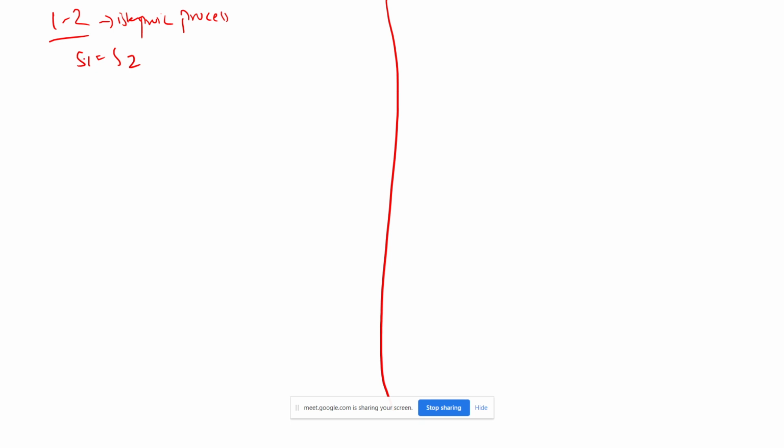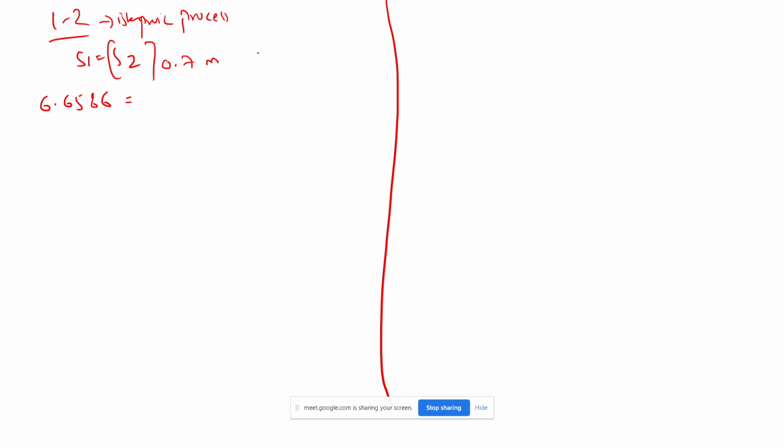Okay, hello. Yes, sir. So at 1 it is already mentioned in the question, S1 is 6.6586, and point 2 is at a pressure of 0.7 megapascal.